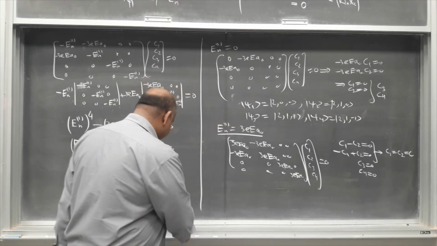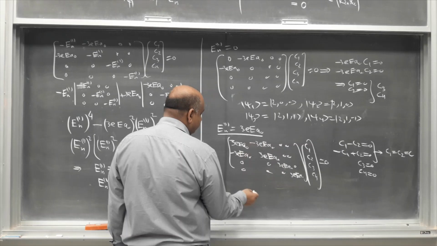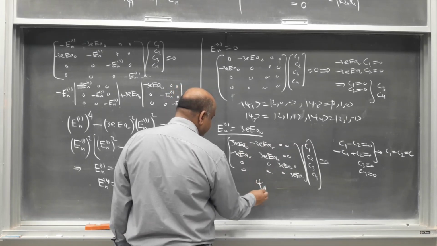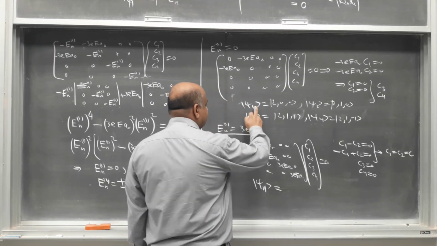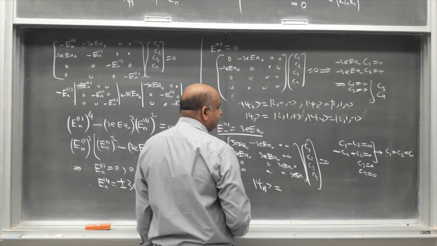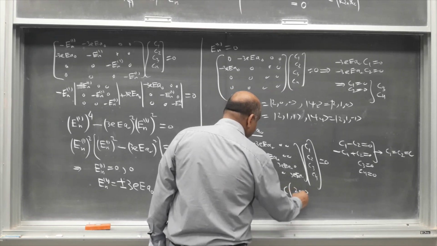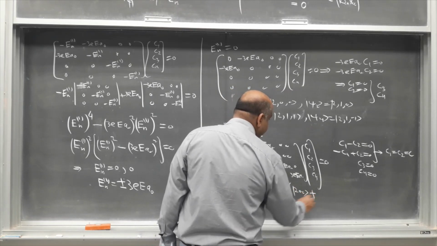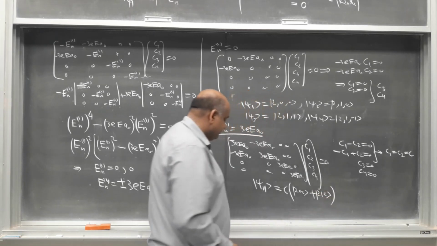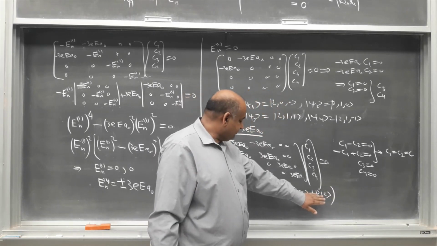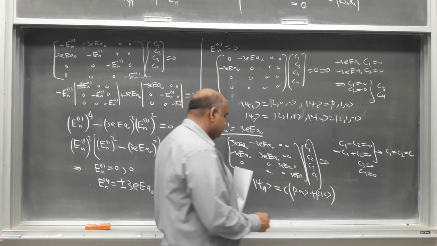So if there's some C, it means that the state that corresponds to this is a linear combination of psi 1, psi 2 with the same value. So C into 2 0 0 plus 2 1 0, and since these are normalized states, if you normalize this one, C comes out to be 1 over root 2.